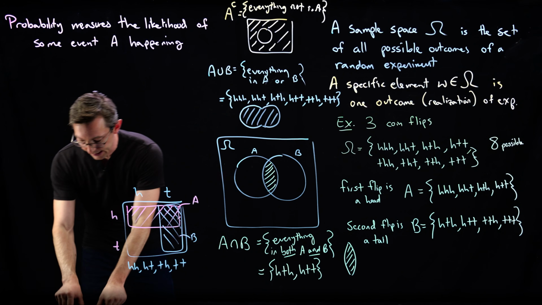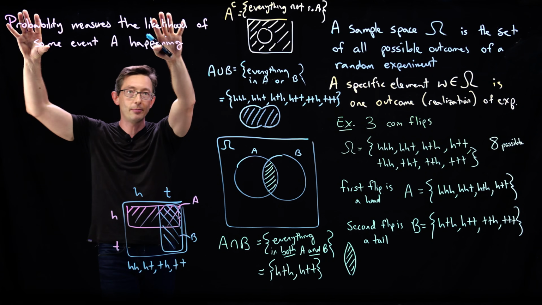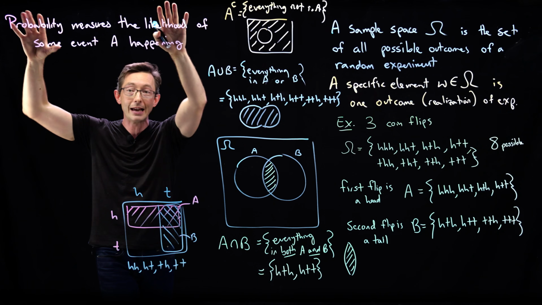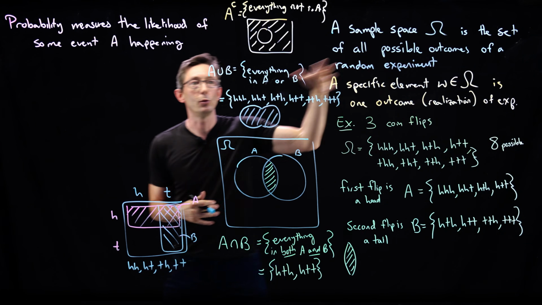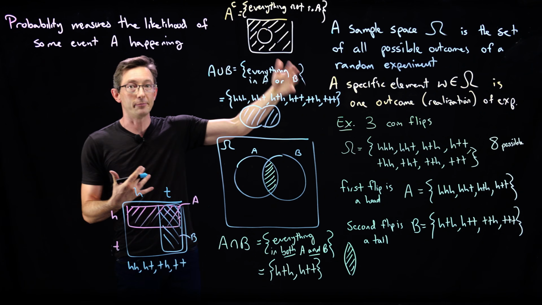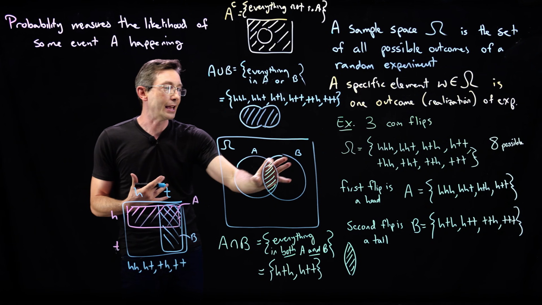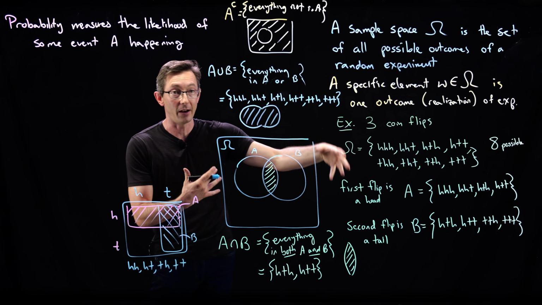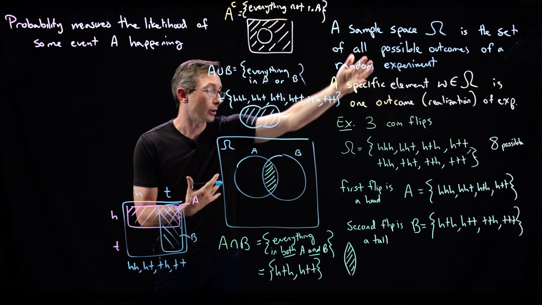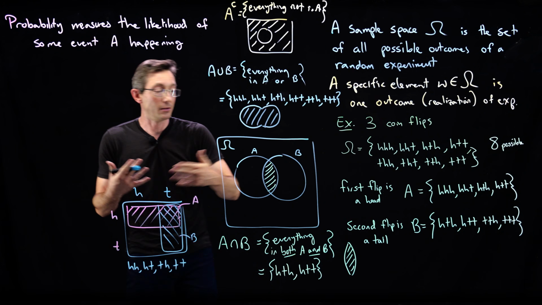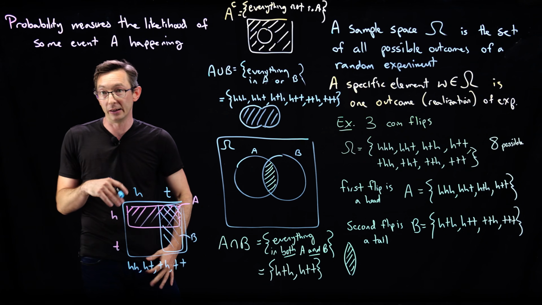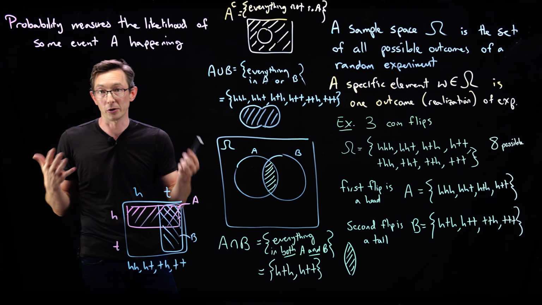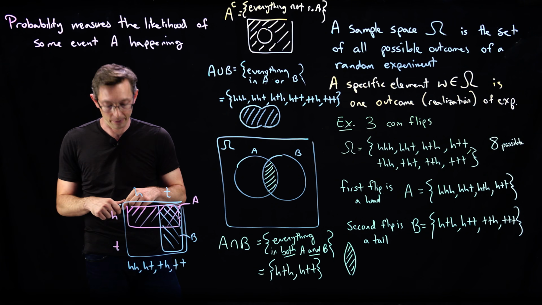So last thing I want to say is, again, we have this probability measures the likelihood of some event happening. And we have these sets which determine the sample space of possible outcomes and the space of how many of those outcomes are consistent with some event that I'd like to keep track of, that I'd like to compute the probability of, like getting a head on the first coin flip.